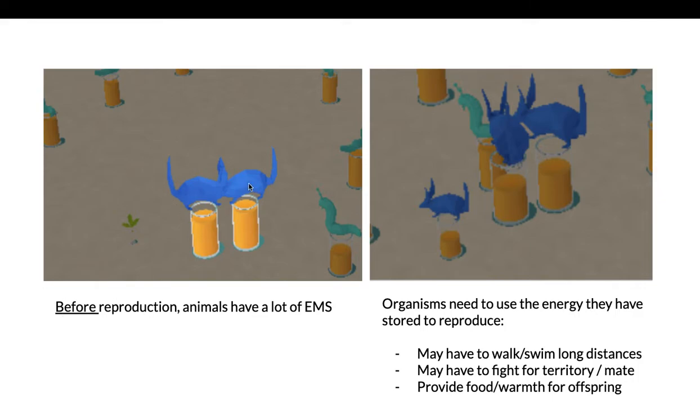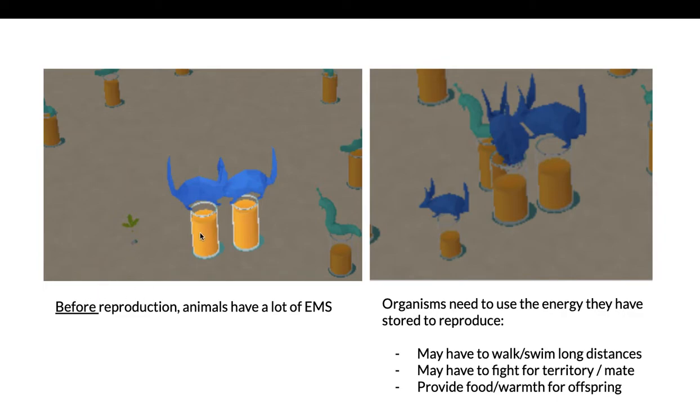Before they reproduced, here are my little fur bills, and they're reproducing right now. They're just kissing. You'll notice at this point, I took a screenshot, and the little orange canisters represent the energy storage molecules. We'll talk about that in a second.